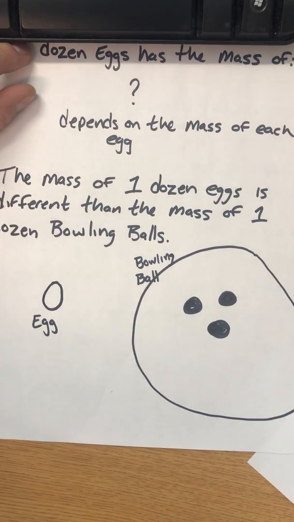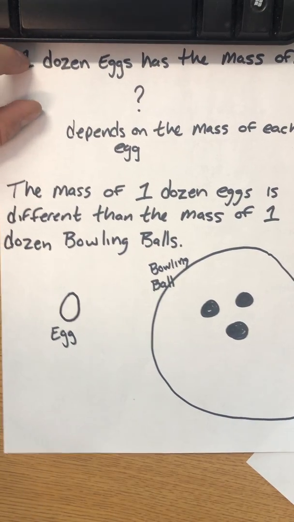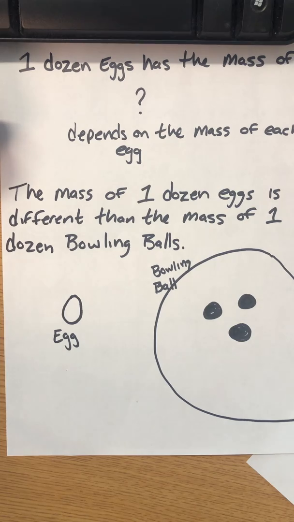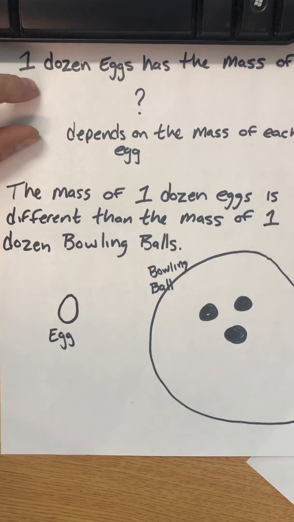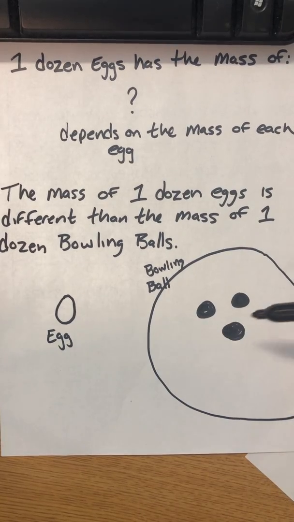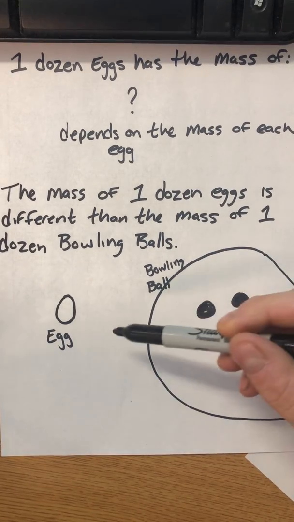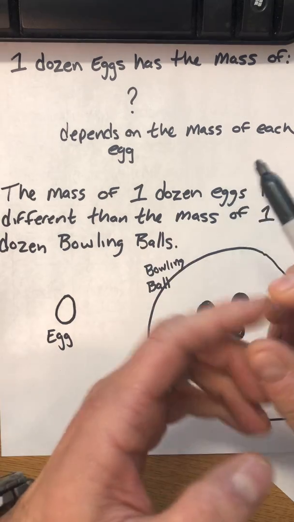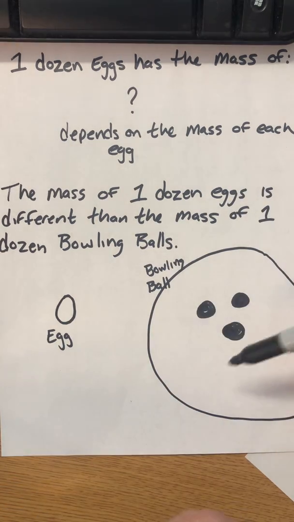The mass of a dozen eggs is going to be pretty different than the mass of one dozen bowling balls, right? And that's because the mass of an egg is really different than the mass of a bowling ball. So you can expect the mass of 12 eggs to be quite a bit less than the mass of 12 very heavy bowling balls, right?